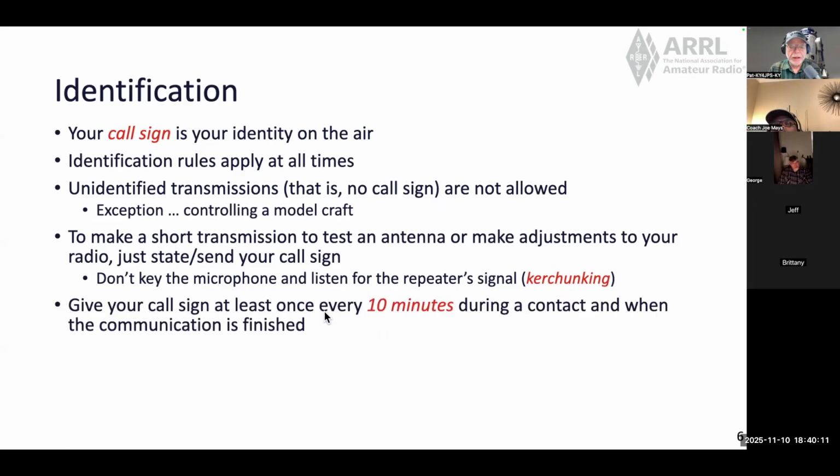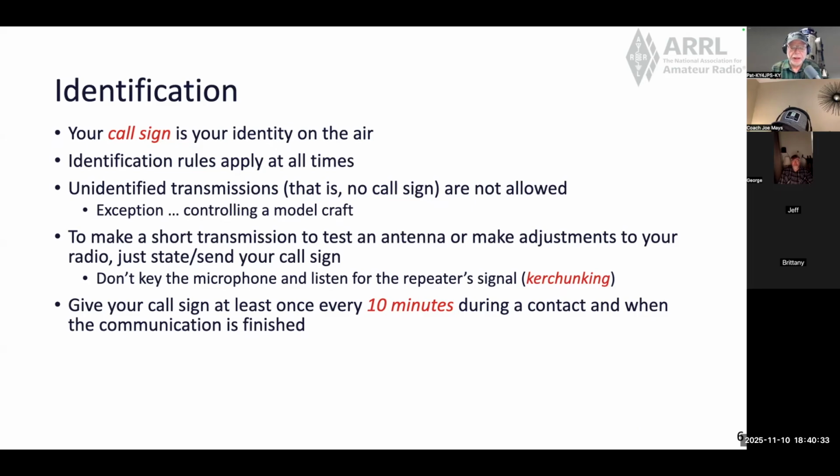Give your call sign at least once every 10 minutes during a contact and when the communication is finished. So what you're supposed to do if you're talking to somebody over the airwaves is every 10 minutes, give out your call sign, like this is KY4 JPS.